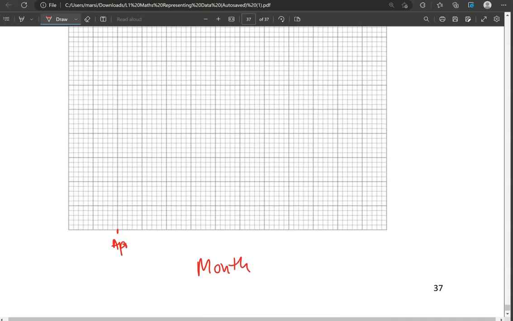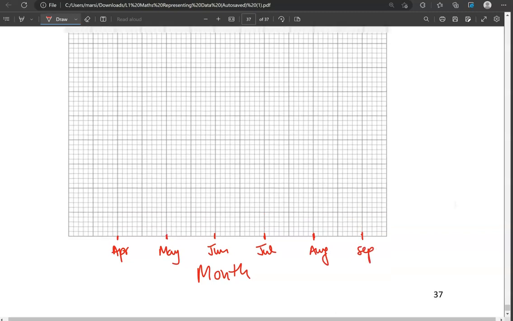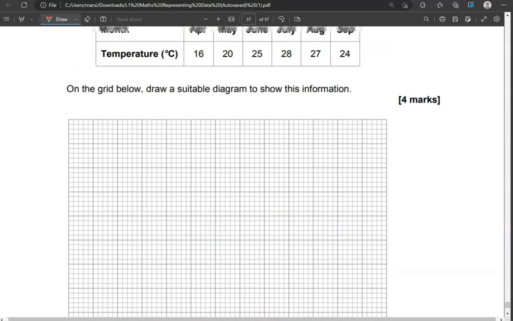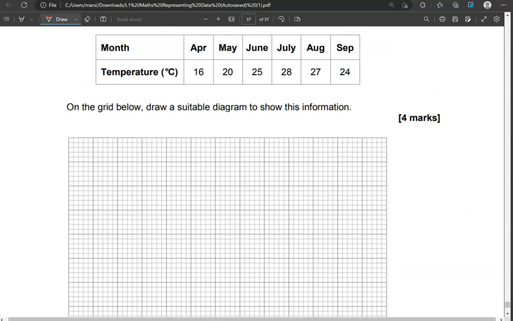So April, May, June, July, August and September. Temperatures in degrees Celsius, and the highest is 28.